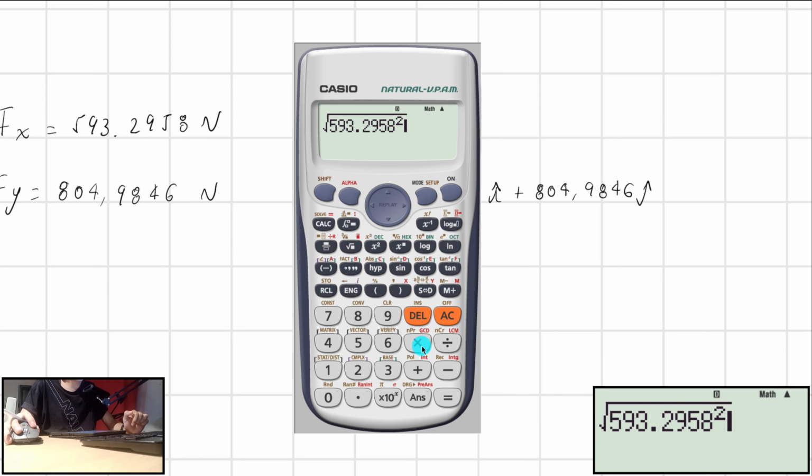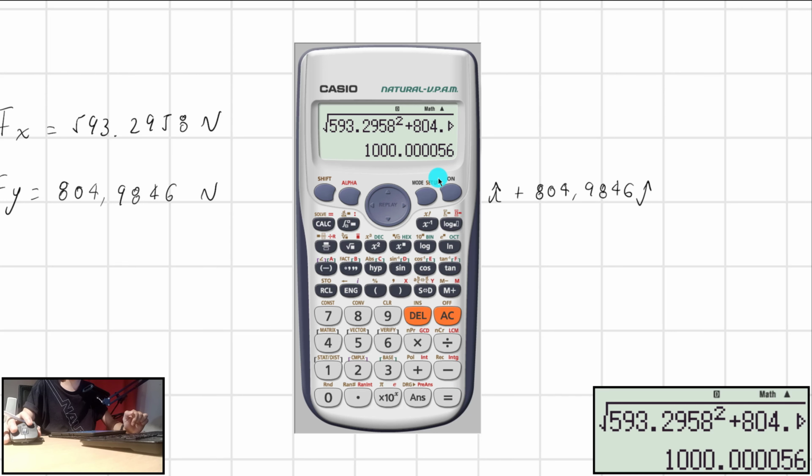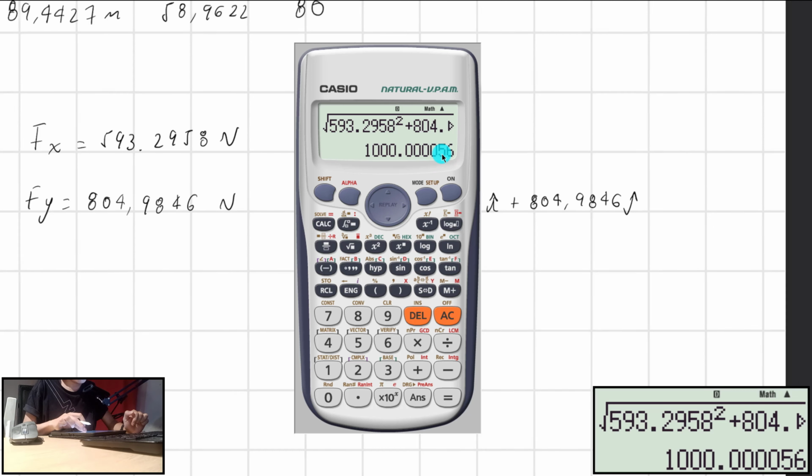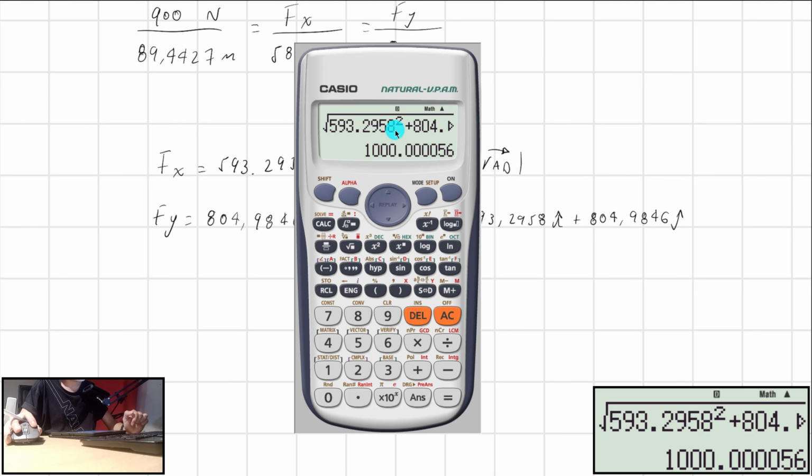593.2958 squared plus 804.9846 squared is equal to 1000. Right, so it's perfect. Do not worry about these numbers, because remember, when I'm writing down these numbers, I am not taking into account all the decimal numbers.